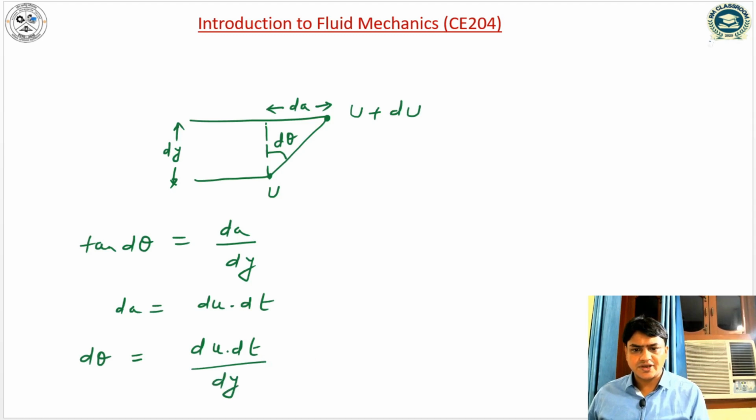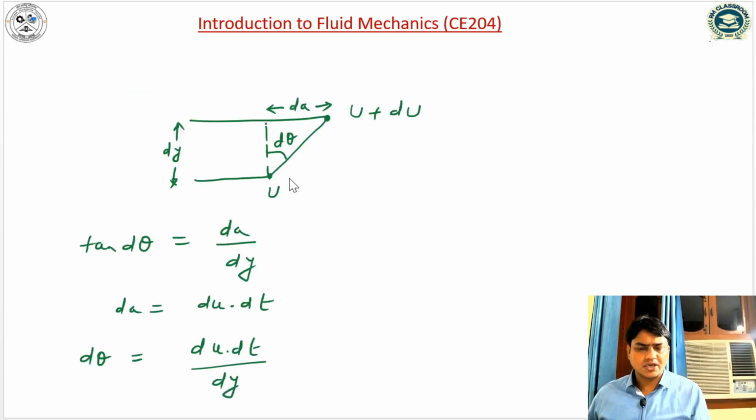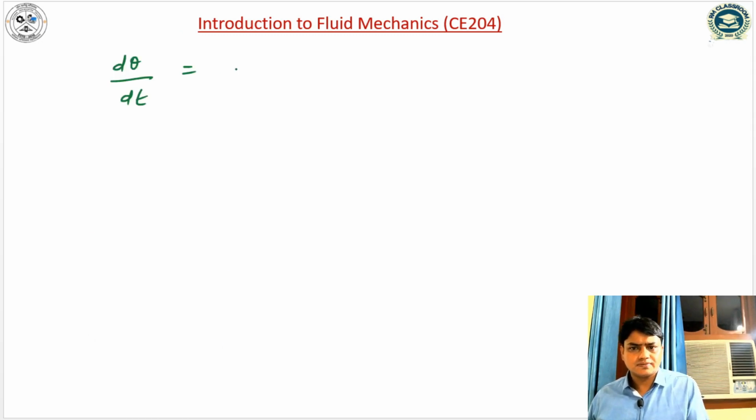So here we can write d theta by dt is equal to du by dy, because d theta is very small, so tan d theta can also be written as d theta.